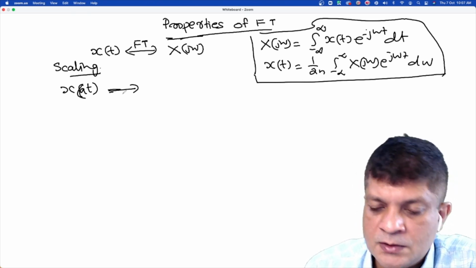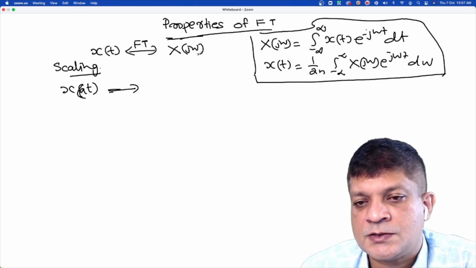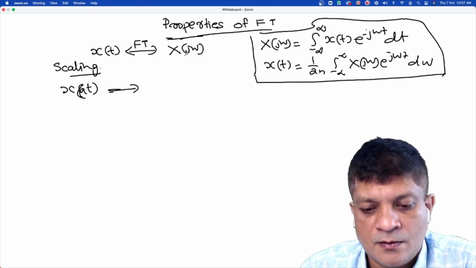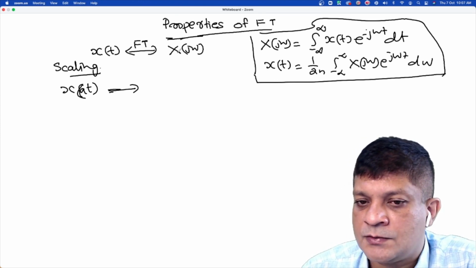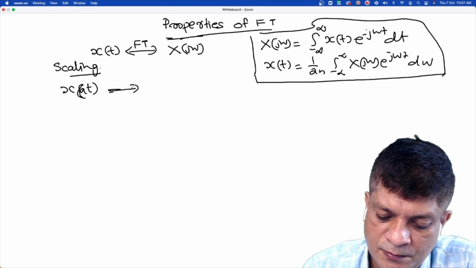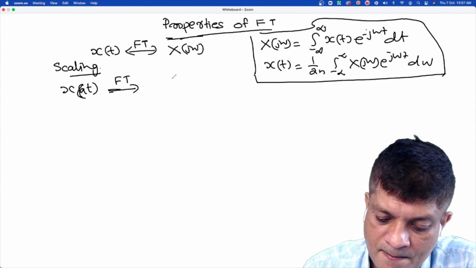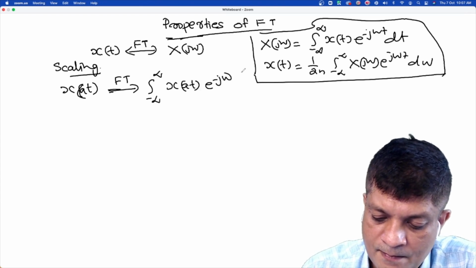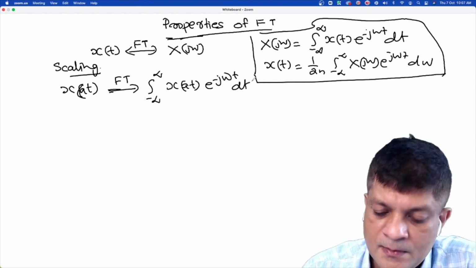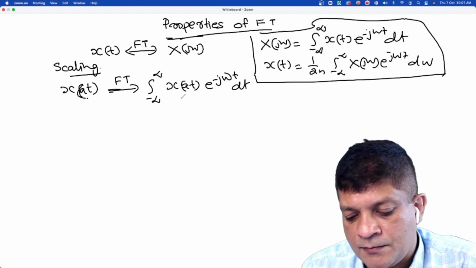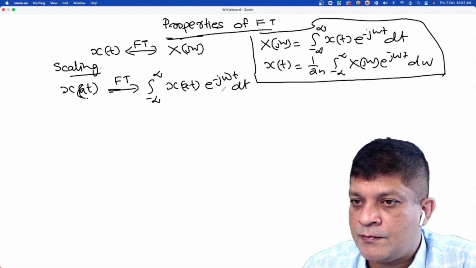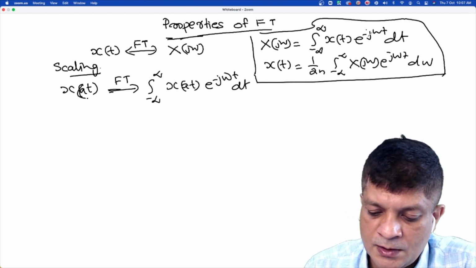What is the Fourier transform? If the Fourier transform of x(t) is x(j omega), then what is the Fourier transform of x(at)? Whether it is related with x(j omega) or not. That is the Fourier transform. Here the function is x(at), and this is how we find the Fourier transform using this Fourier integral.